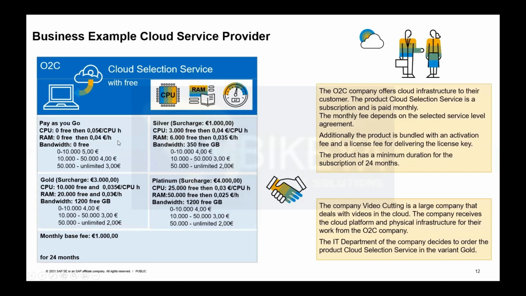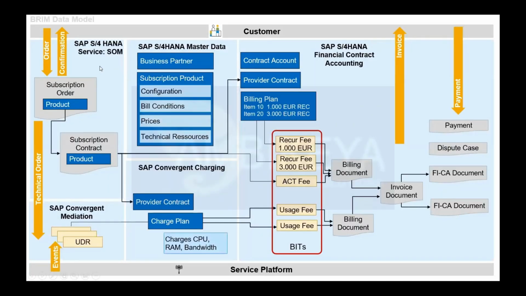And we go with this cloud selection service through the whole process, which means we first create a subscription order with a cloud selection service for our reference customer. Out of this subscription order, we create a subscription contract.